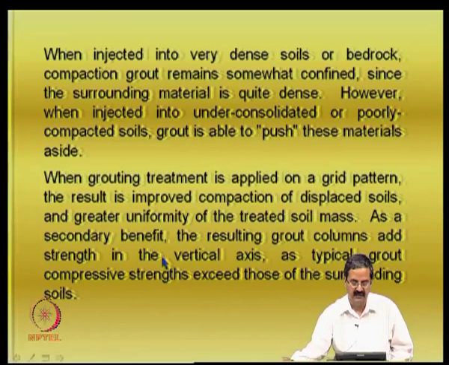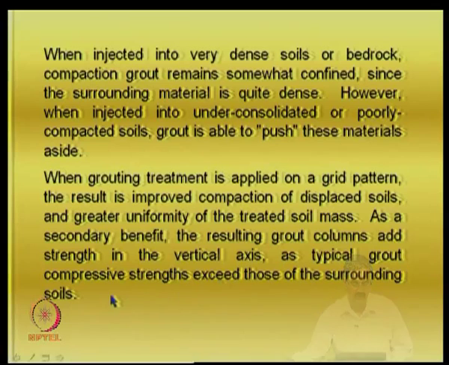As a secondary benefit, the resulting grout columns add strength in the vertical axis as typical grout compressive strengths exceed those of the surrounding soils. We have seen that presentation by the Keller, in which the objective is essentially to treat the ground in the form of a grid or whatever and improve the bearing capacity, but you also have the formation of columns here.